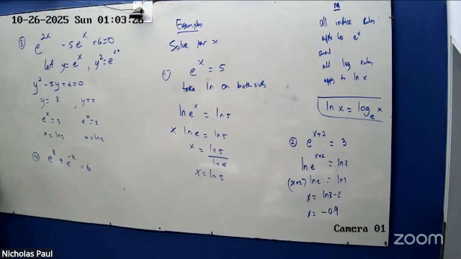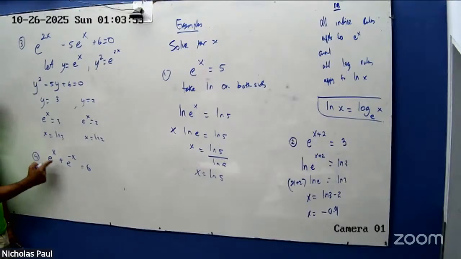How are we doing number 4? You follow number 3. Number 4 is easier. Carry across the 6 and turn it into a quadratic. But you had to make a substitution again, right?